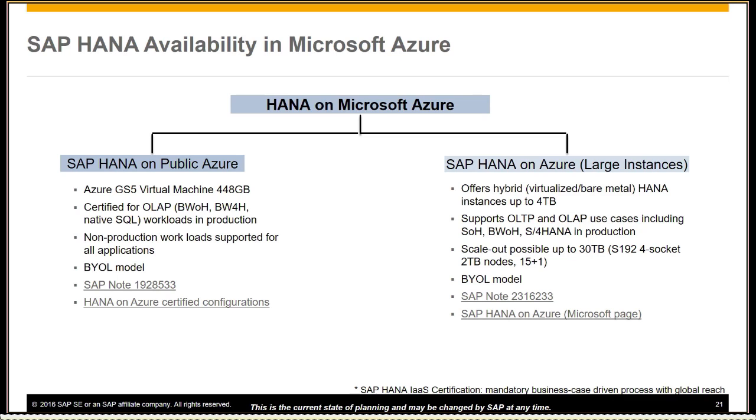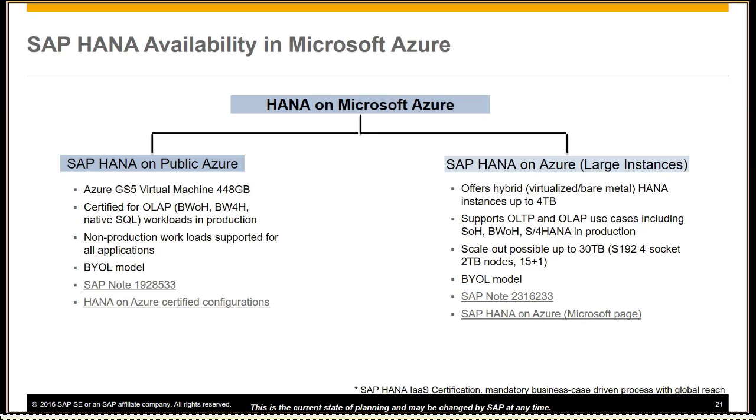Okay, great. And we had 2 more questions come in just that quick. One is they want to understand the difference between SAP HANA on public Azure versus SAP HANA on Azure, and I can chime in on that answer as well.